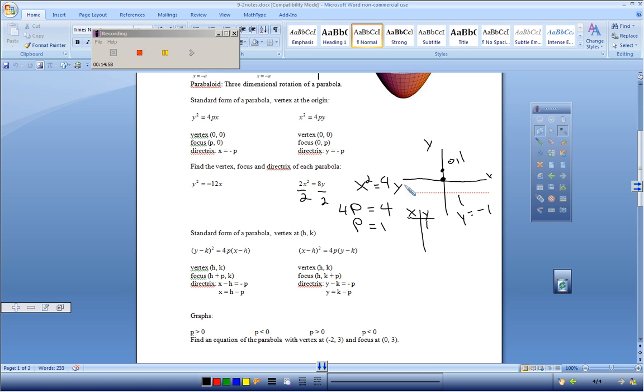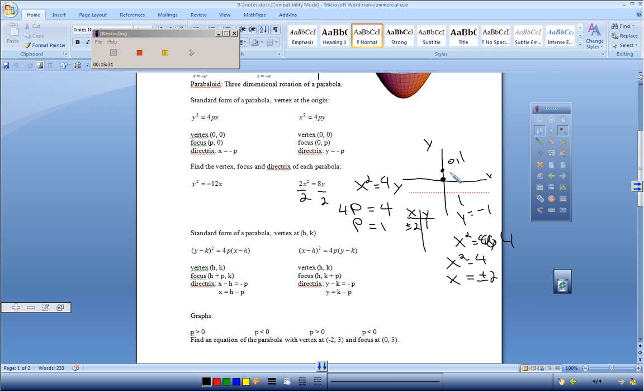So x squared equals 4y, which gives me x squared equals 4, so x equals plus or minus 2. In this case, when y is 1, I get x is plus or minus 2.